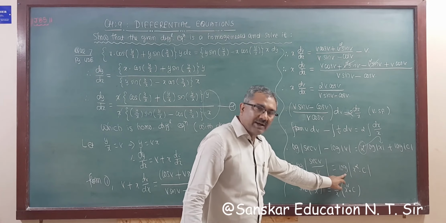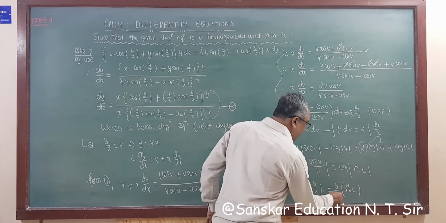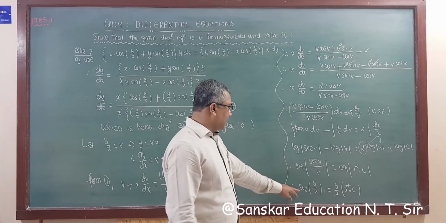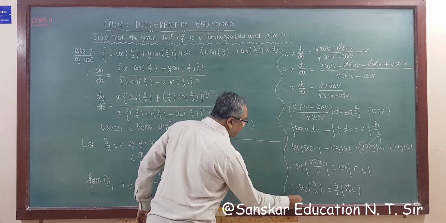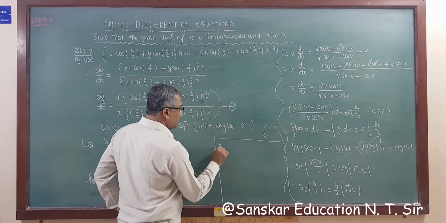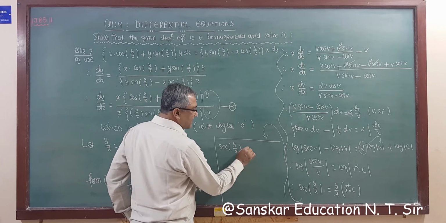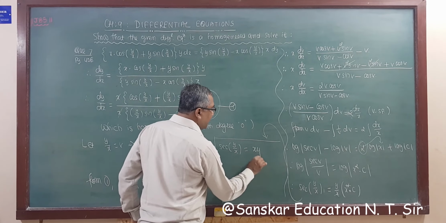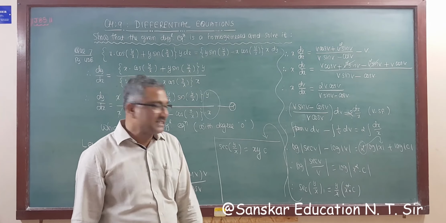I'm writing v here after removing log from both sides, right? So one x will be cut. So we get sec y by x. So I have space here, so I'm writing here. So we get sec y by x is equal to xyc.